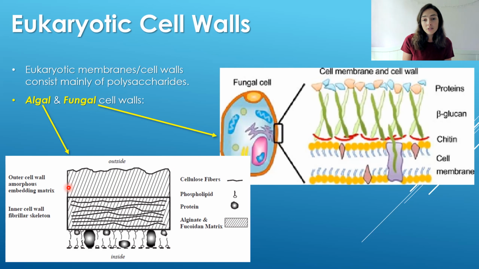Because this outer layer consists of this alginate-rich matrix, it consists of a lot of material that is good at biosorption, because alginate consists of repeating units of carboxyl-rich uronic acids, which, as we'll see later, can be really important for the sequestration or binding of certain metals and other cations.